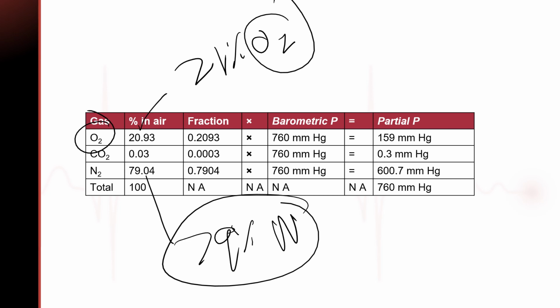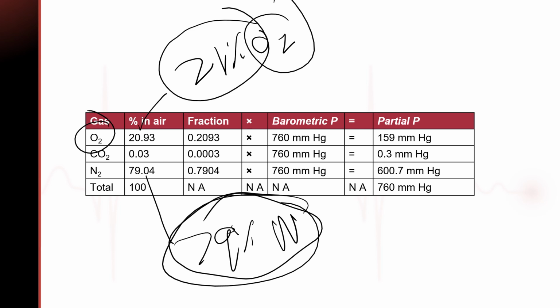Atmospheric air is made up of gases, and 21% of those gases within the air in the atmosphere are oxygen gas molecules. Simpler way of saying that, 21% of the air within the atmosphere is made up of oxygen. And 79% of the air within the atmosphere is made up of nitrogen gas molecules. So the air in the atmosphere is 79% nitrogen.